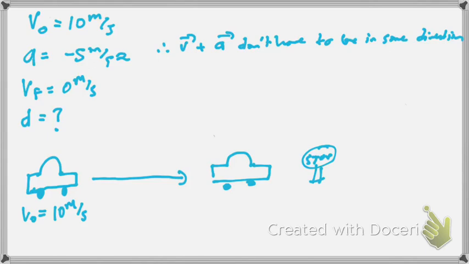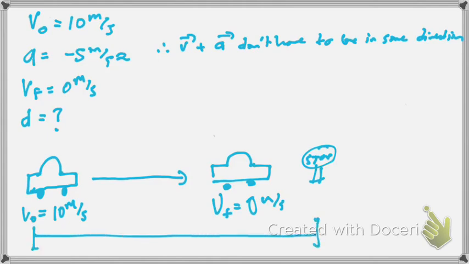If I said miles, I'm sorry. And his V final is equal to 0 meters per second. And what we're looking for is the distance that he's traveled from here to that stop sign. What is D?